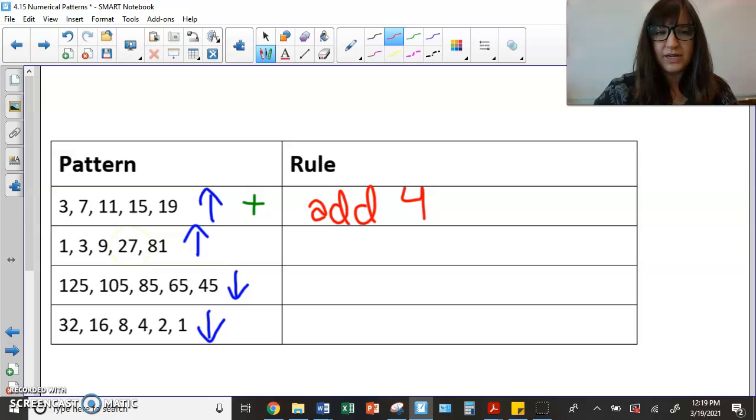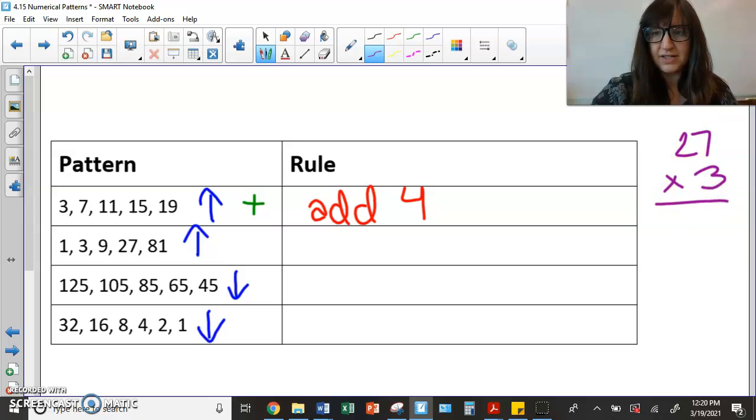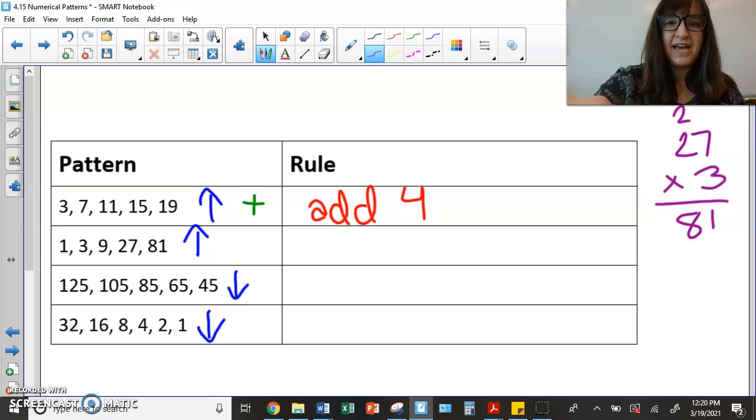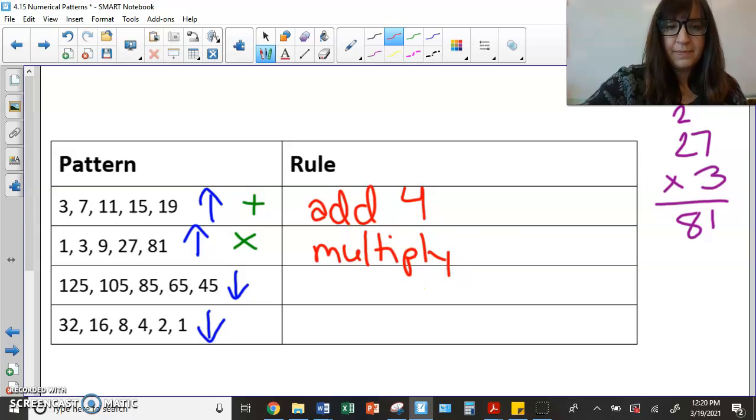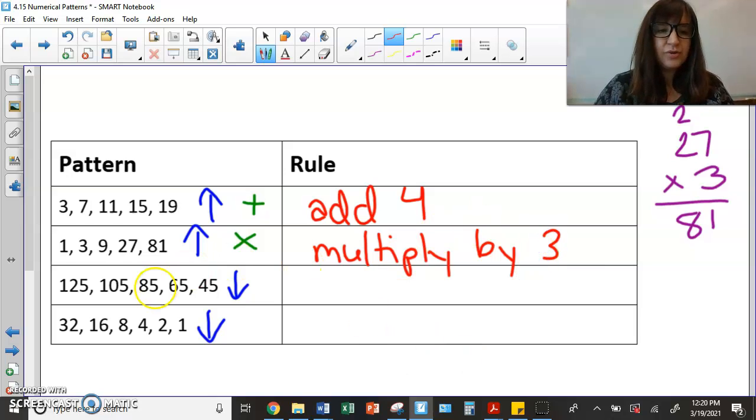And if I work out 27 times 3 over here to the side, I'm going to check my work. 3 times 7 is 21. Carry my 2. 3 times 2 is 6. Plus 2 is 8. So yes, in fact, 27 times 3 is 81. So that means that this is a multiplication rule. And specifically, it follows the rule of multiply by 3.